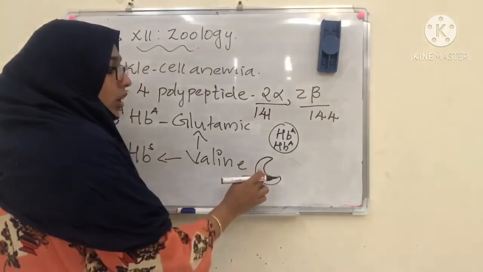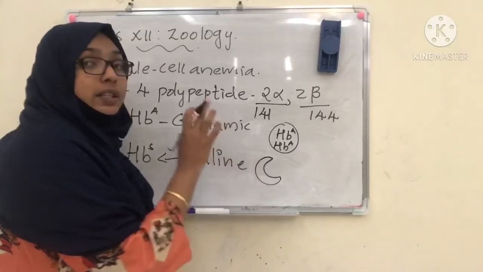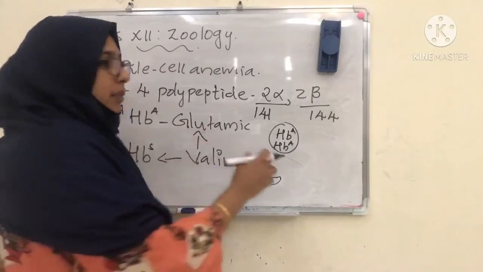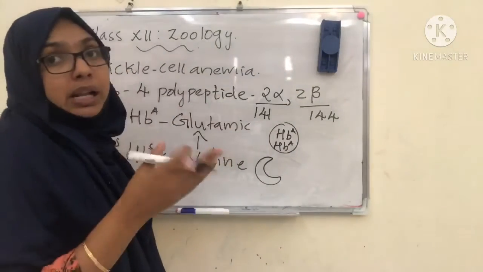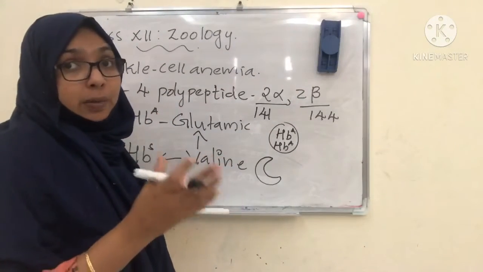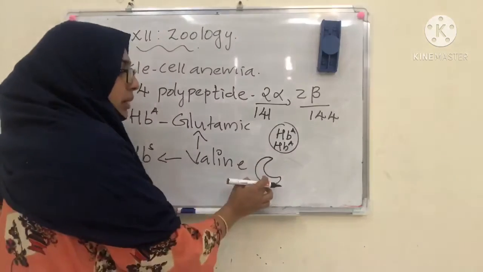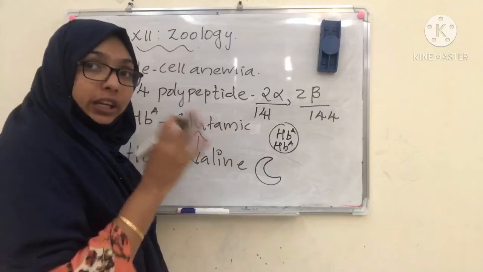The oxygen binding capacity of the sickle-shaped RBC will be quite low when compared to that of the normal RBC.